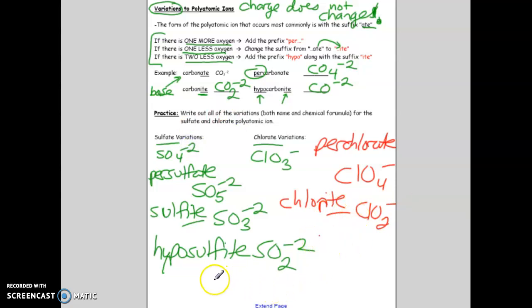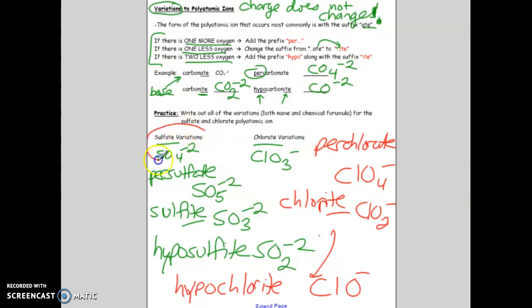We can have hypochlorite, which would be ClO -1. Okay, so you never have to memorize the base, right? You'll have the base given to you, but you need to know what the changes are that can happen to that polyatomic ion with the different variants.